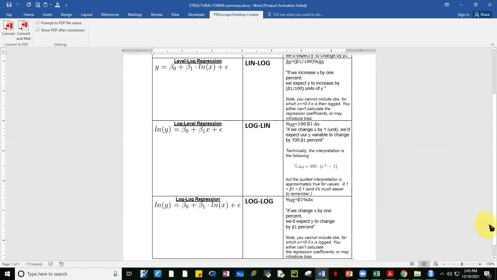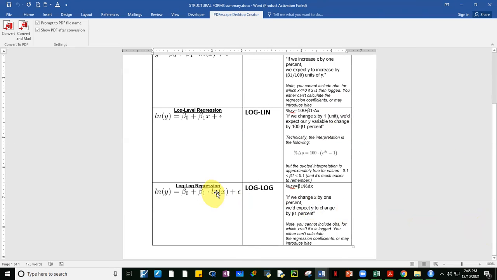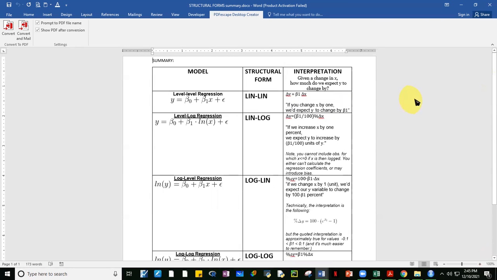So this is a guide for you, guys. Tapos ito yung log-log, no? 1% change in x will result into a beta 1% change in y. Okay, so guided tayo. Sinasabi ko ito kasi many students become confused when they interpret, kung paano babasahin yung result, kung nakalog yung independent variable, kung nakalog yung dependent variable. So be guided by this.